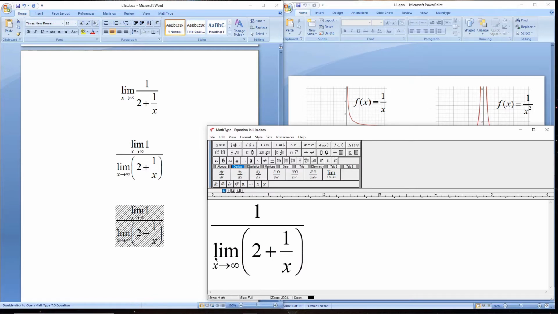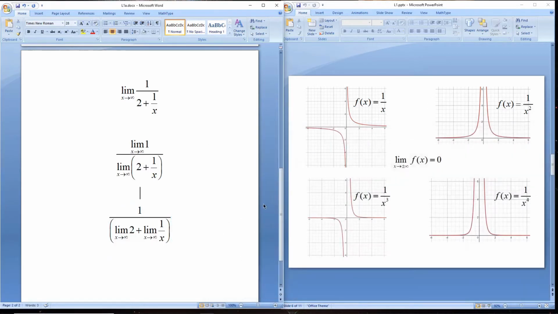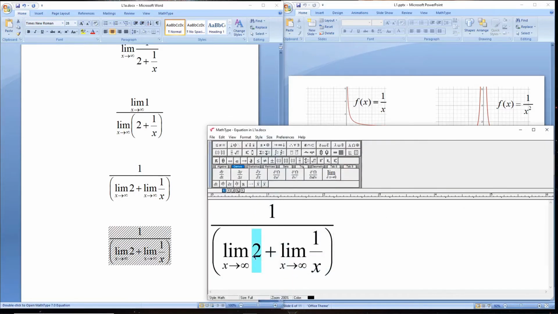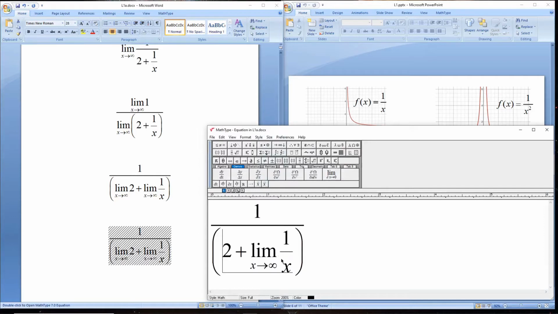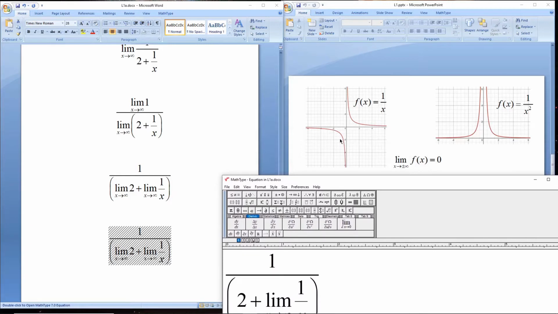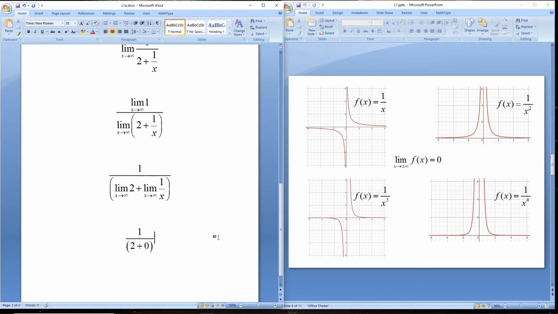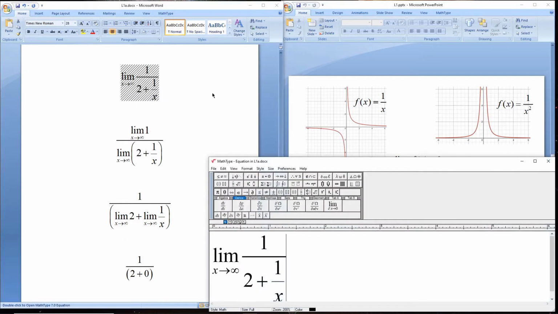And in the denominator, the limit distributes. And again, the limit of a constant is always that constant. And here we are. The limit of 1 over x, this function here, as x goes to infinity. And here's that limit, which we then know is 0. And so our final answer is 1/2.